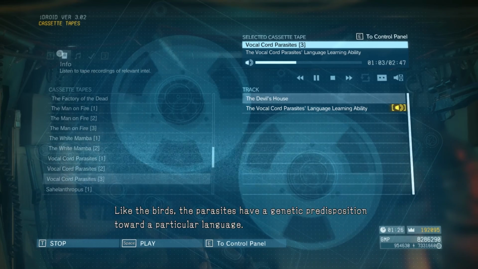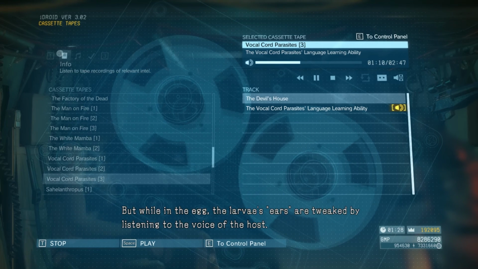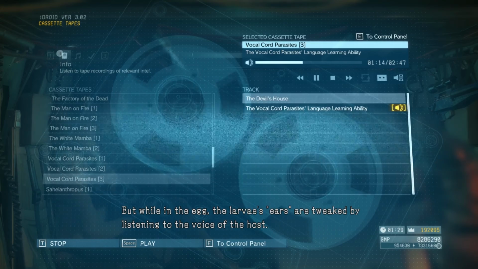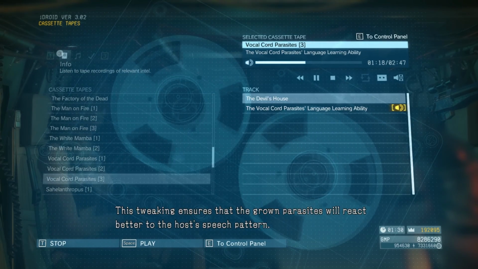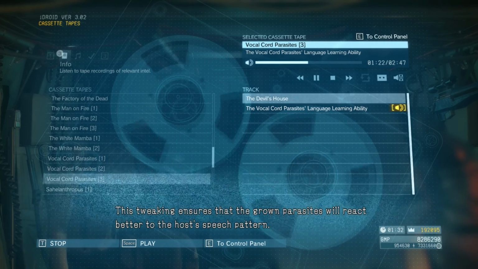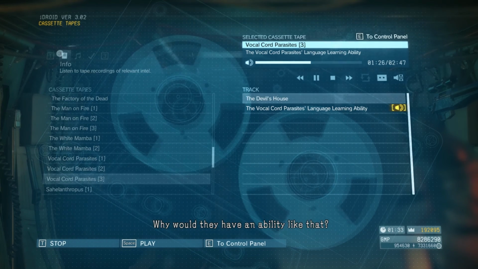Like the birds, the parasites have a genetic predisposition towards a particular language. But while in the egg, the larvae's ears are tweaked by listening to the voice of the host. This tweaking ensures that the grown parasites will react better to the host's speech pattern. Why would they have an ability like that?